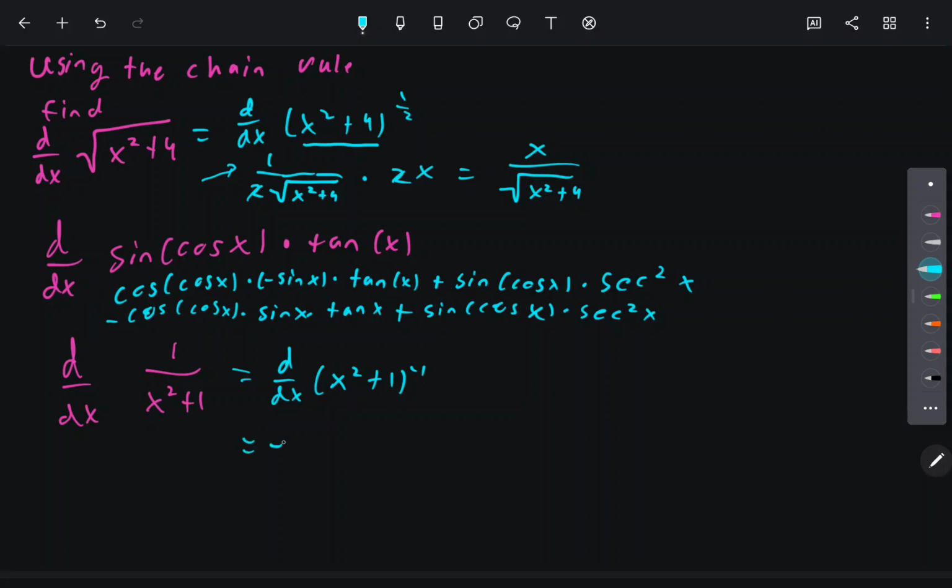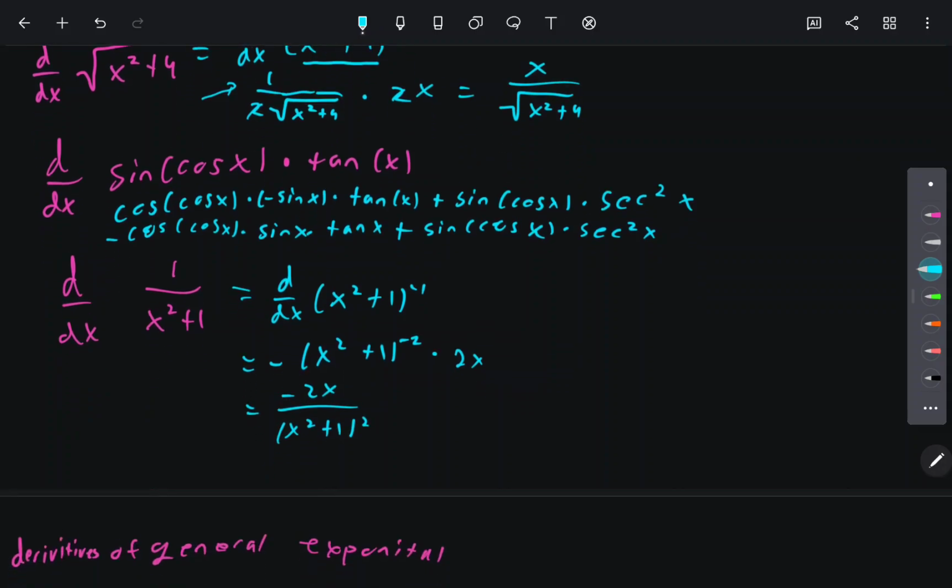So it's going to be negative (x squared plus 1), subtract 1 from the power so it becomes negative 2, times the derivative of the inside function with respect to x, which is 2x. So we would get an answer of negative 2x over (x squared plus 1) squared.